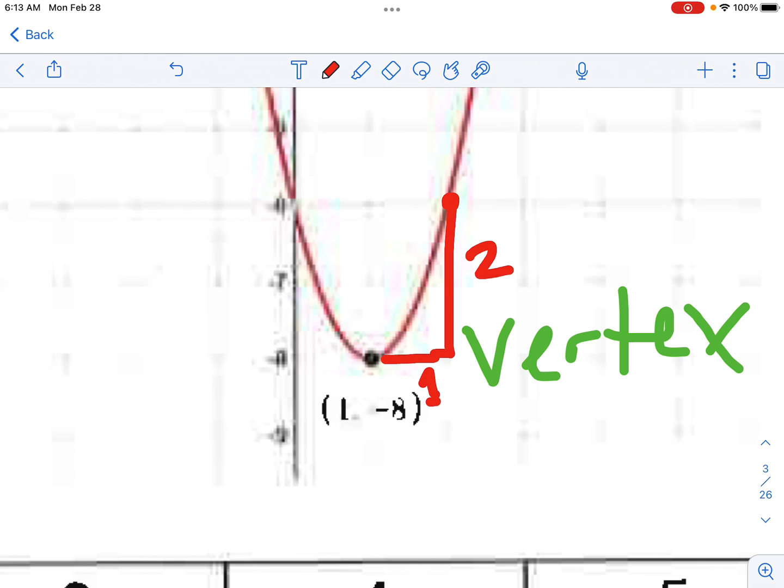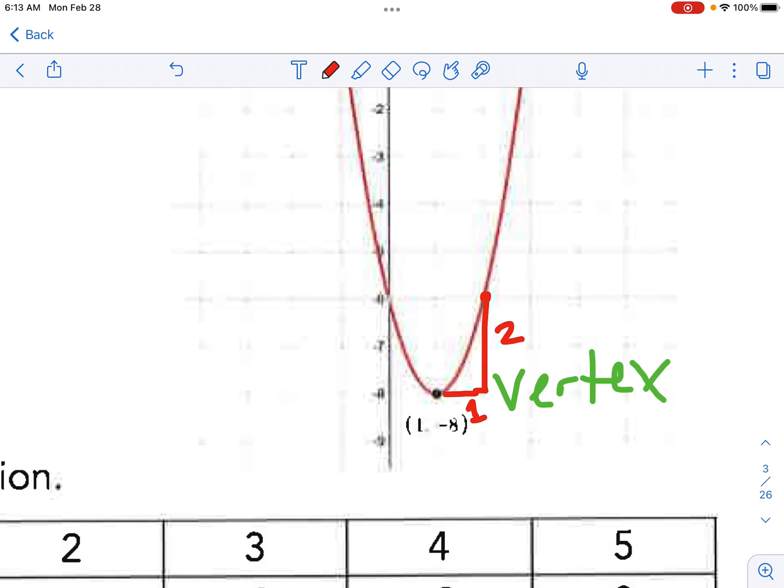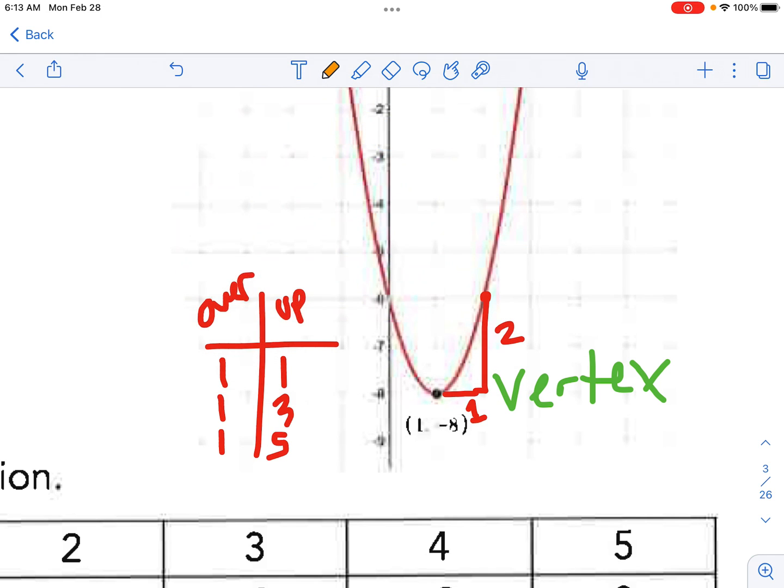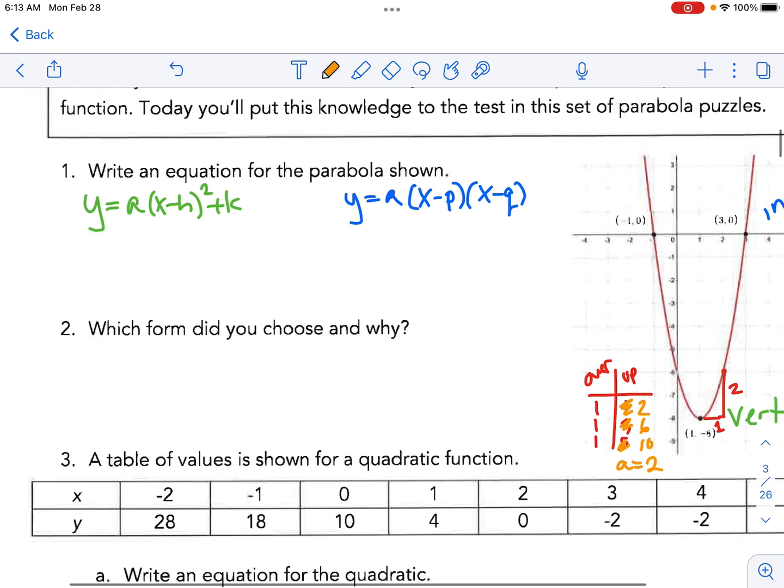So we're going over 1, up 2, and what that tells us, if we look at the pattern, is it's usually 1, 3, and 5, but this isn't 1, this is 2. So we must have 2, 6, and 10. That must be the pattern. So we must have an a equal to 2.